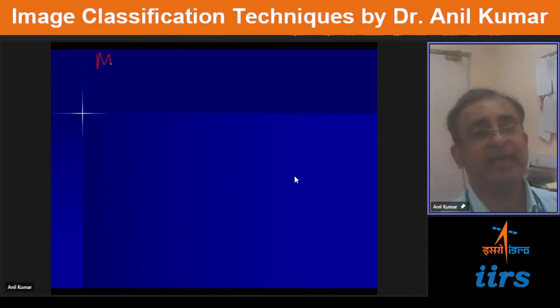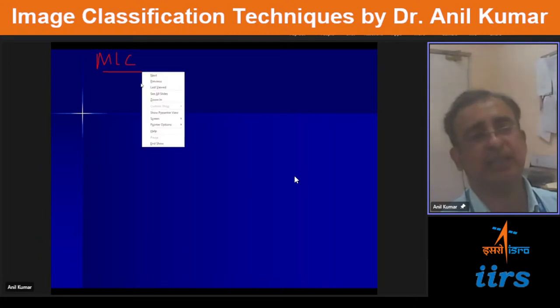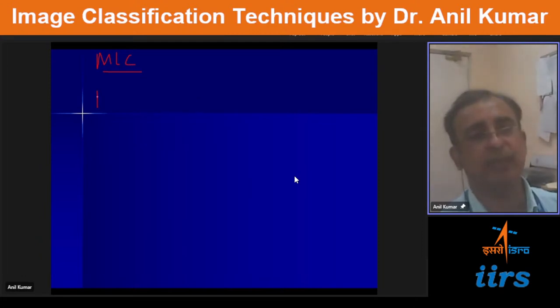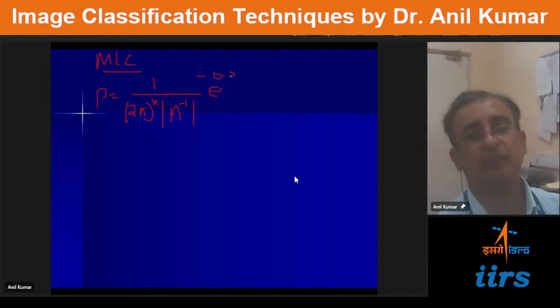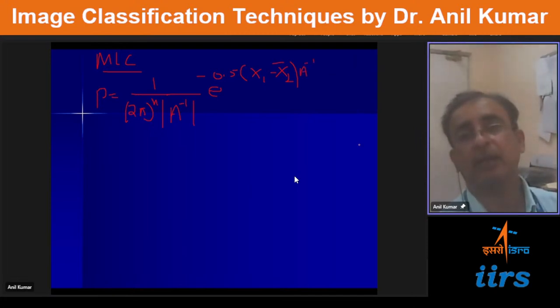Next is MLC, the maximum likelihood classifier. In MLC, we create the probability function: P is equal to 1 upon (2 pi) to the power n, times the determinant of the weighted matrix A inverse, times e to the power minus 0.5 times (x1 minus x2 bar) transpose, A inverse, and then (x1 minus x2 bar).